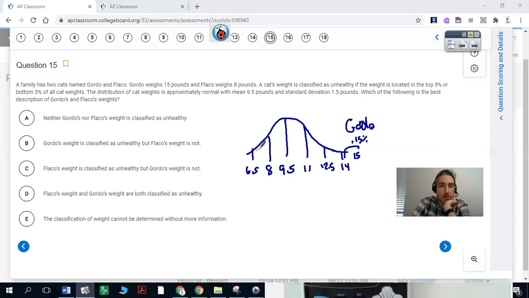Flaco is 8 pounds. Flaco is not considered, if you look at the empirical rule, this is going to be 16% over here. So he's not going to be too light, but Gordo's weight is unhealthy. Flaco's is not. Gordo's going to be too high, he's in the 0.15 percentile. All right, next question.